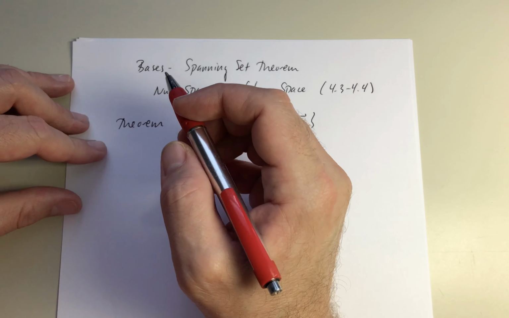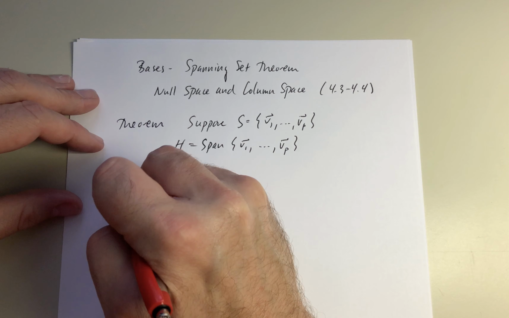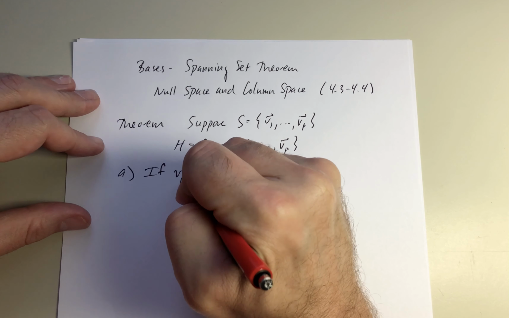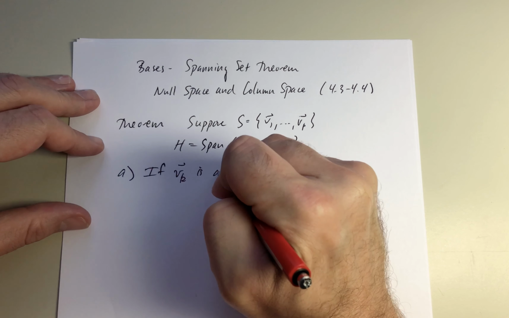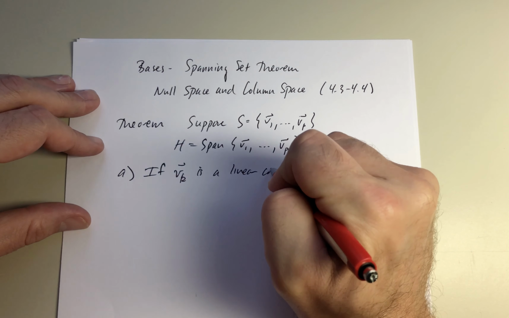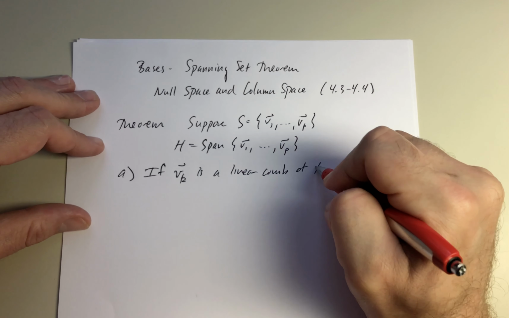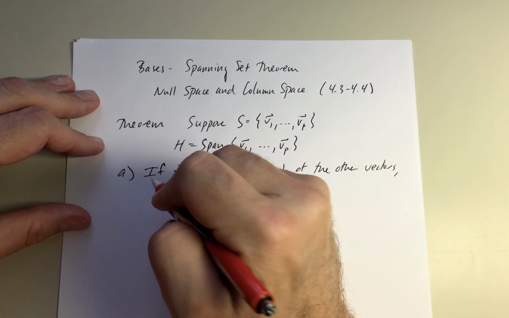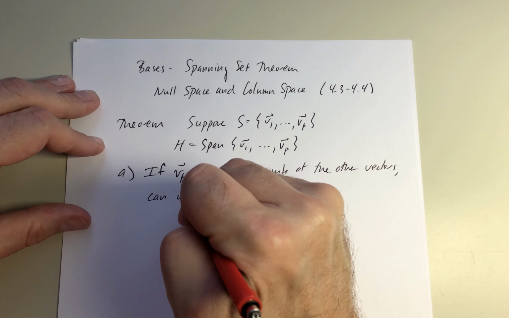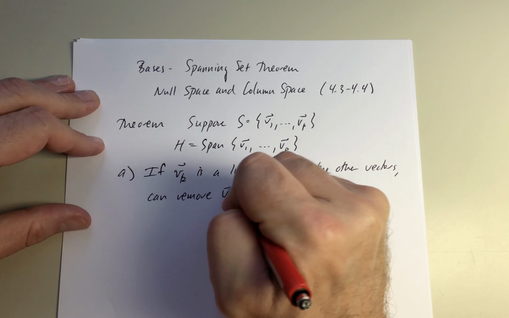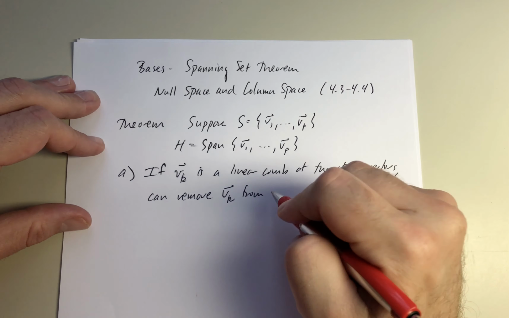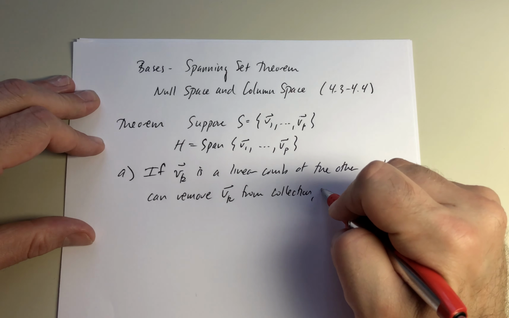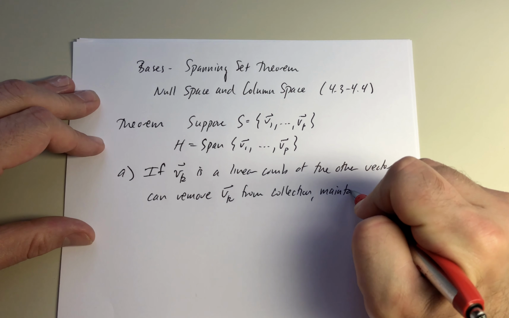And then there are 2 parts to this theorem. First, it says if one of these vectors, say vk, is a linear combination of the other vectors, then we can remove vk from the collection and maintain the span, so the span doesn't change.